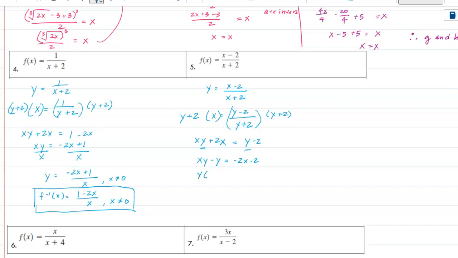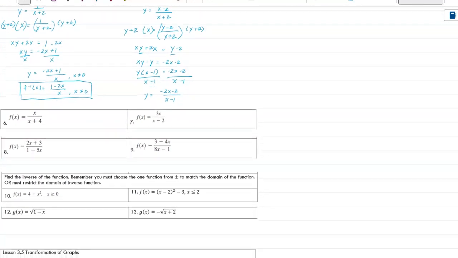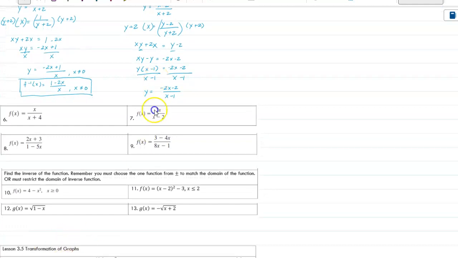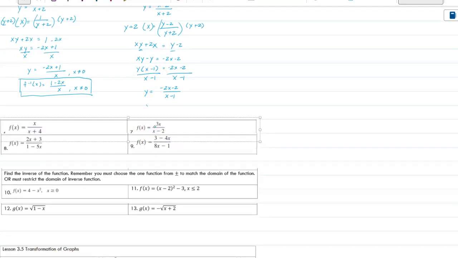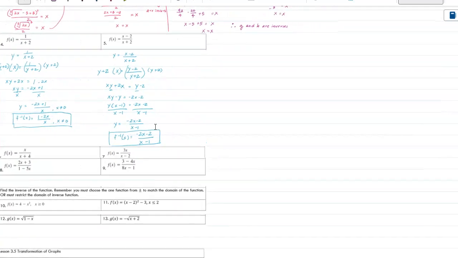I'm going to factor out a y and then divide by my factor. So y equals negative 2x minus 2 over x minus 1. So f inverse of x equals negative 2x minus 2 over x minus 1.